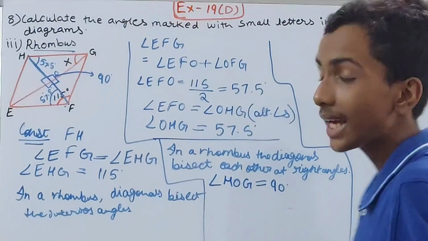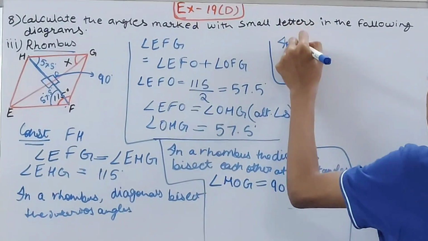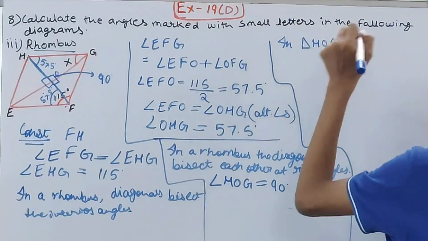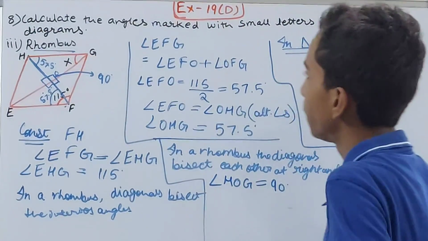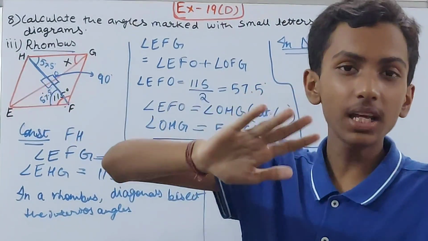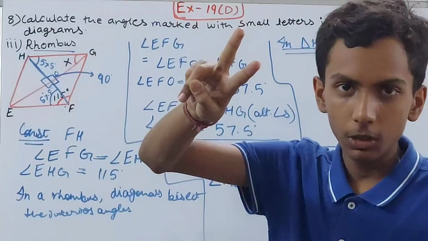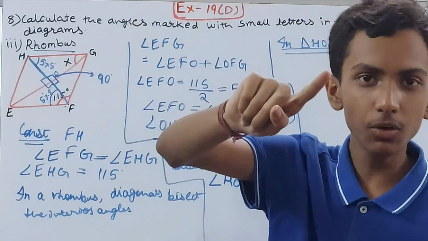We have to find out X. Now come to triangle HOG. Come to this triangle. Okay, in triangle HOG, what property? Angle sum property. How many angles do I know? 2. How many angles I don't know? 1. That is this X. Can I find the unknown angle?